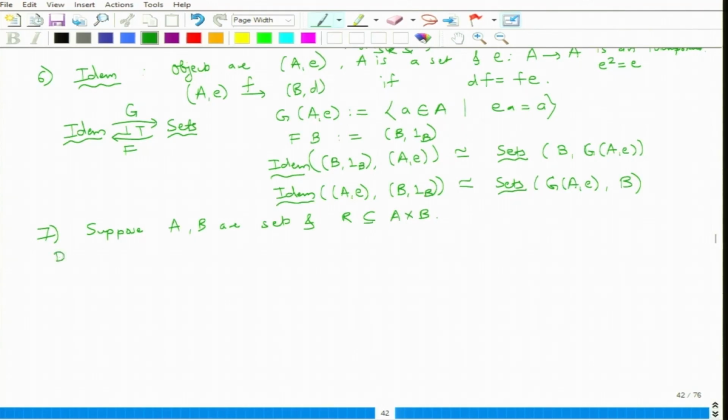Define L from the power set of B to the power set of A by L of B prime equal to all those a in A such that for all b in B prime, the pair (a, b) belongs to R.